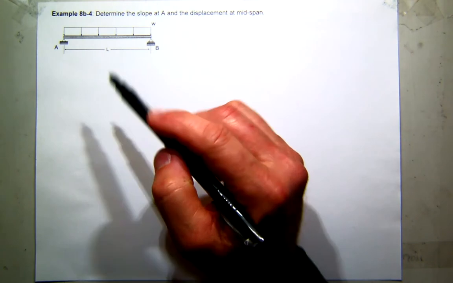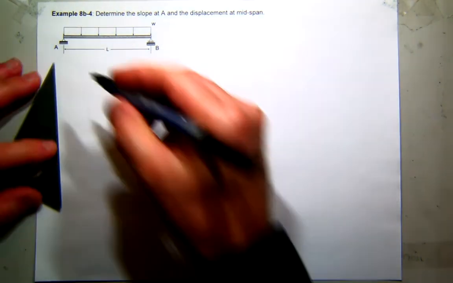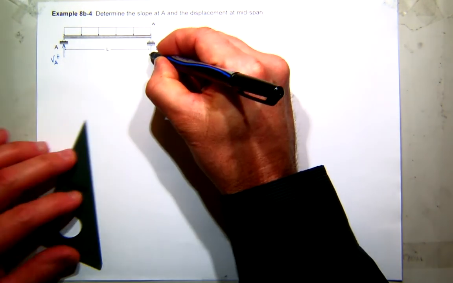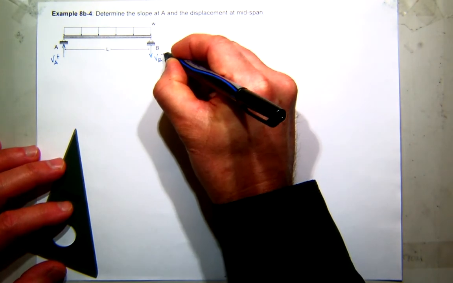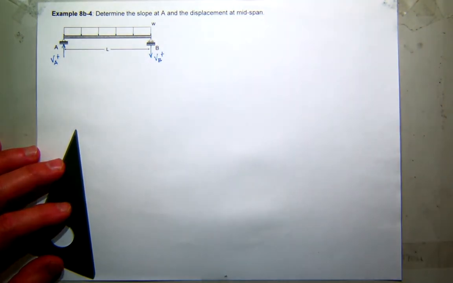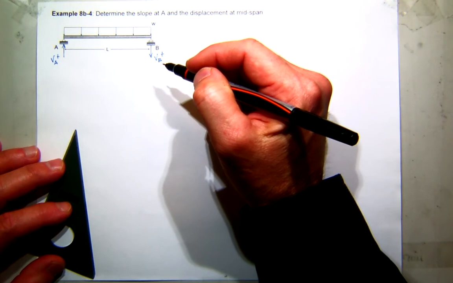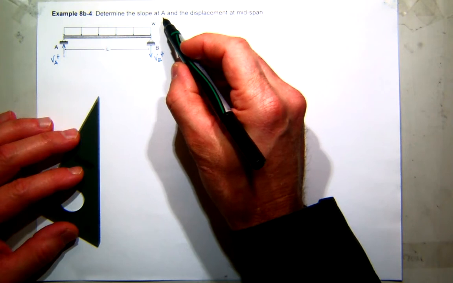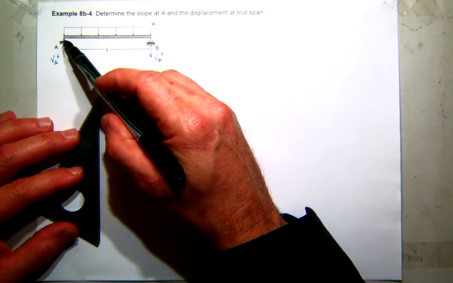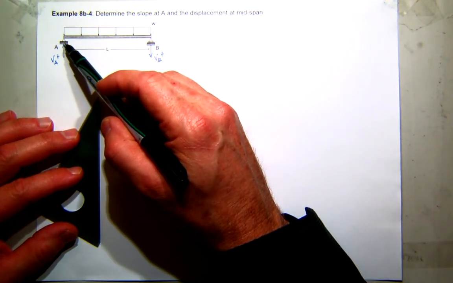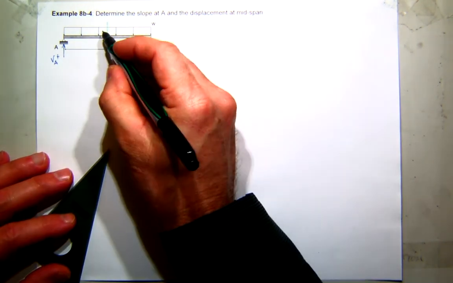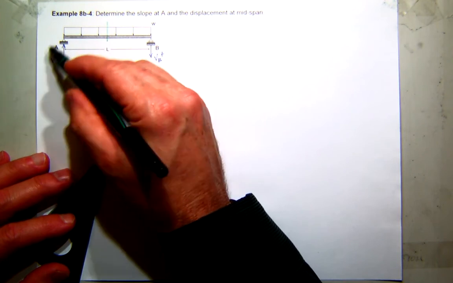Draw the shear and moment diagram for this. So just like we've done before, I'll assume positive shear at A, positive shear at B. Also, thinking ahead, a little bit of planning, I'm going to want the slope at A, so that means I'm going to want the reaction of the conjugate beam at A. So when I cut the beam here in the middle, I'm probably going to want to work the left side because I'm going to need that slope at A anyway.